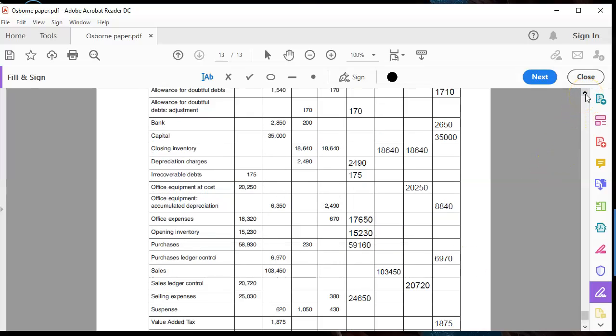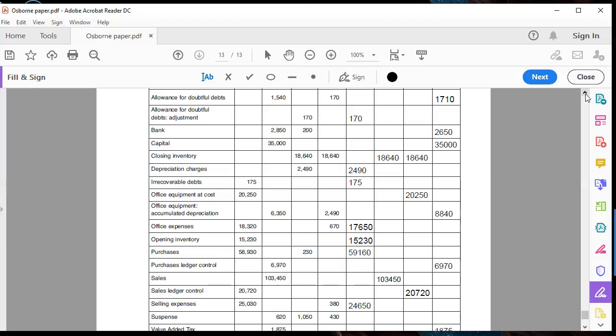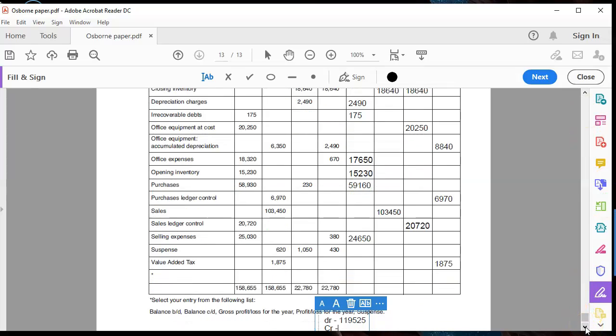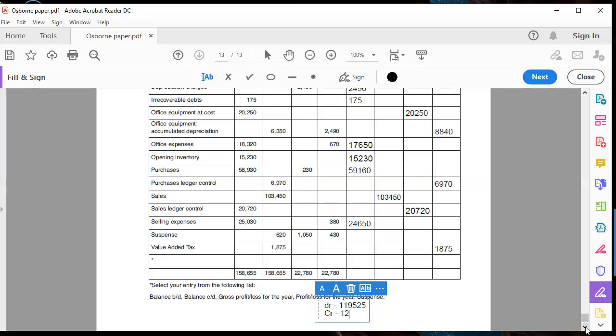Let's see the credit total now. 119,525 is my debit total. Credit total 18,640 plus 103,450, which gives me a total of 122,090.